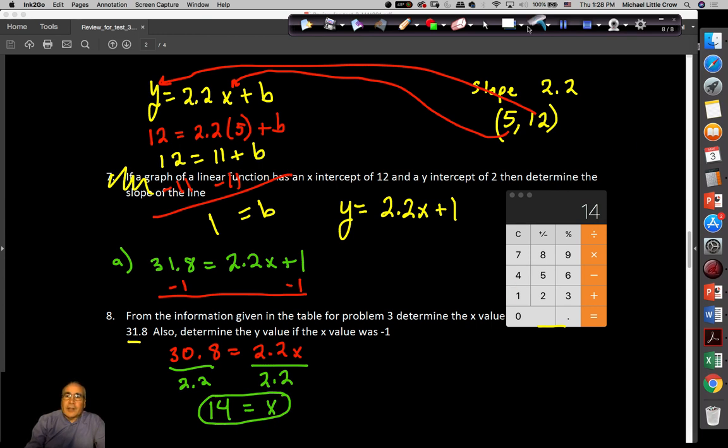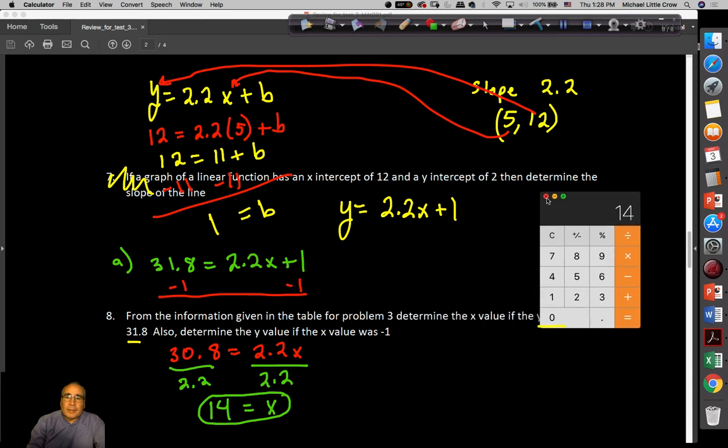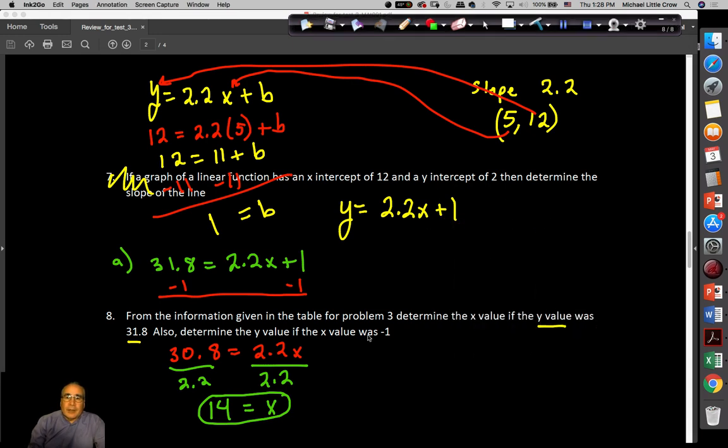The second question is going to be find the y value if the x value is -1. So that means we're going to put the -1 in for x. For the b part, we get y equals 2.2 times -1 plus 1.